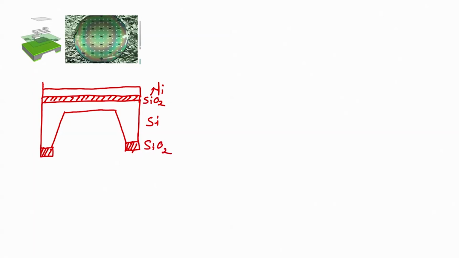On nickel, I will spin coat my photoresist. How am I going to deposit nickel? By using E-beam evaporation. By using E-beam evaporation, we can deposit nickel, and this is my positive photoresist.